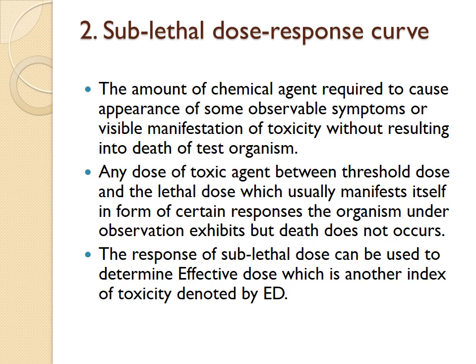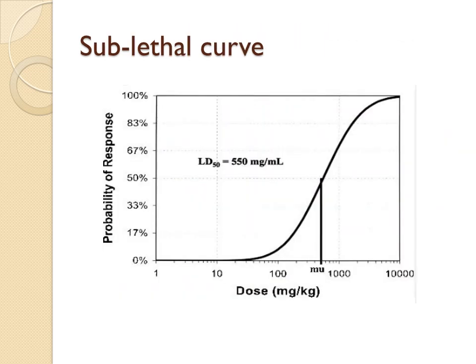Any dose of toxic agent between the threshold dose and the lethal dose usually manifests itself in certain responses that the organism under observation exhibits, but death does not occur. As I have told you earlier, there is no relation of death with respect to sublethal dose response. The response of sublethal dose can be used to determine effective dose, which is another index of toxicity used in environmental developmental toxicology. And that is a sublethal curve.